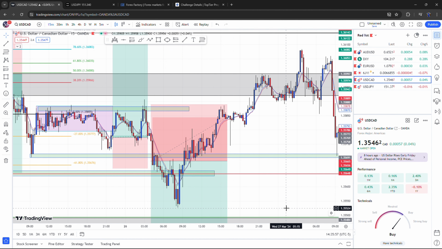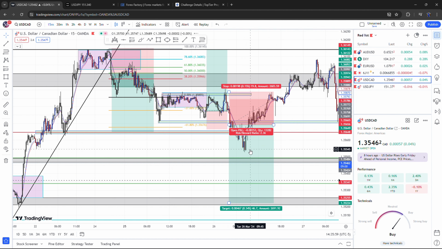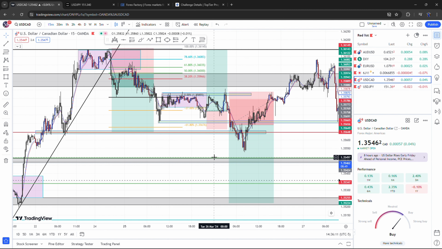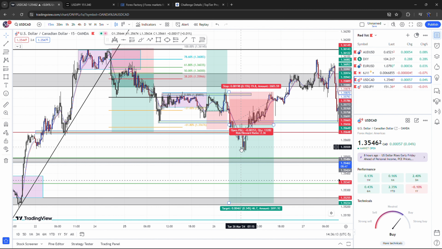Again, it's another case of me being in a good amount of profit but not taking it. Next week I'm going to prioritize doing that a lot more, especially now that I'm almost about to blow my account. I will be trying my best to take these profits when they're given to me, or at least close a partial position and move my stop loss to break even.